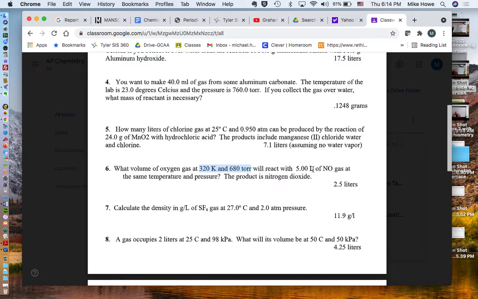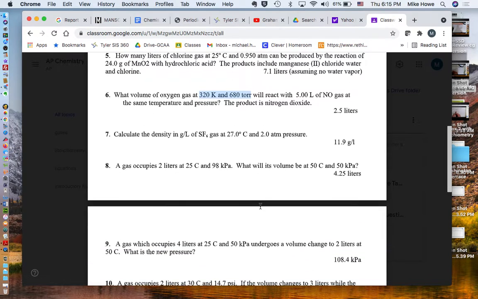So you just multiply 5 liters of NO times 1 O2 for every 2 NOs, and you end up with 2.5 liters. So no need to change to moles, because a liter is a set number of molecules as long as temperature and pressure don't change.